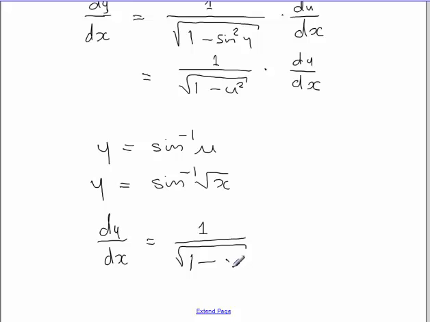The square root of x, all squared, multiplied by the derivative of the argument. I'm putting it very clearly so that you can understand how I'm applying the formula accurately.